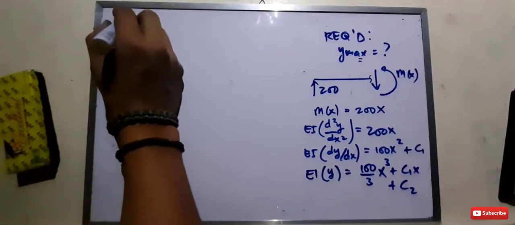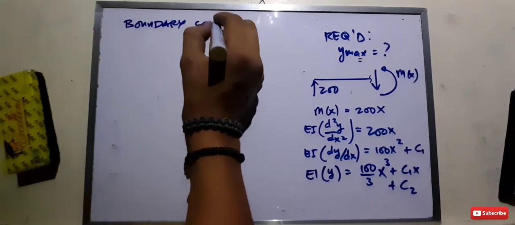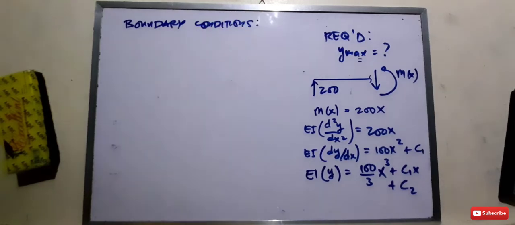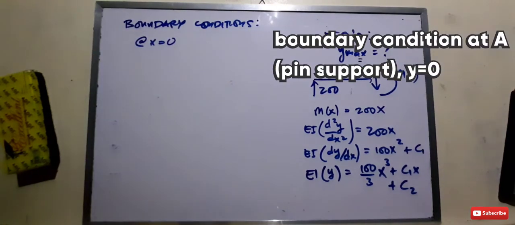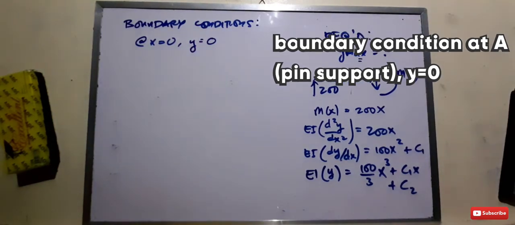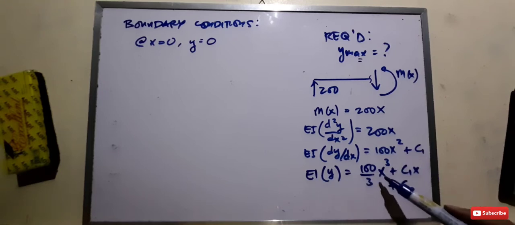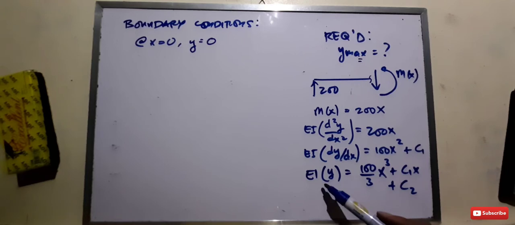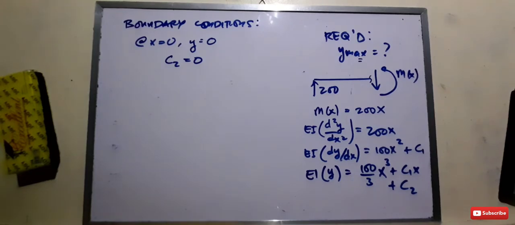Our first boundary condition is that at x equals 0, where the pin connection is, there is no displacement, so y equals 0. Where can we use this? We cannot use it in the dy over dx equation, since the slope is not given. We can use it here: at x equals 0, the terms become 0, and y equals 0. Therefore, c2 equals 0.